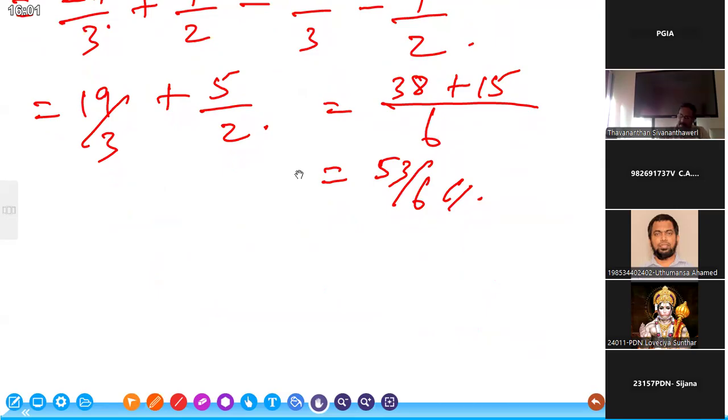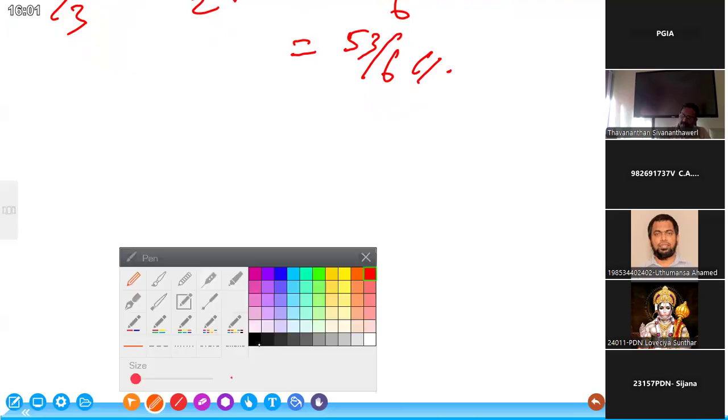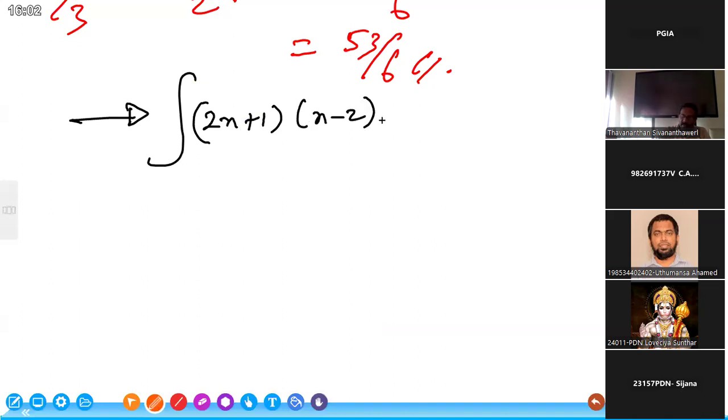Now I will give you some more work. Everybody go through it and do it. We need more exercise on that. So integration of 2x plus 1 into x minus 2 dx, from -1 to... First of all, here we have two multiplicative functions.